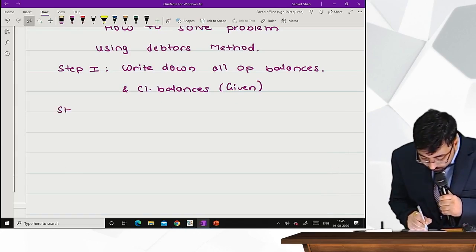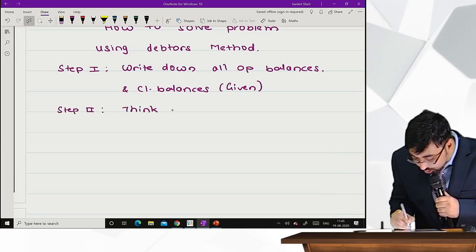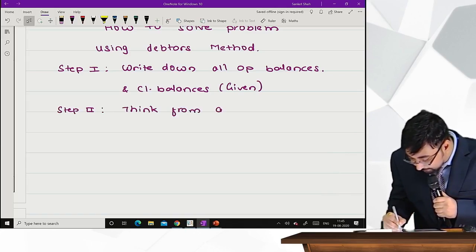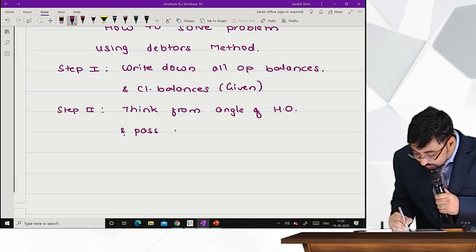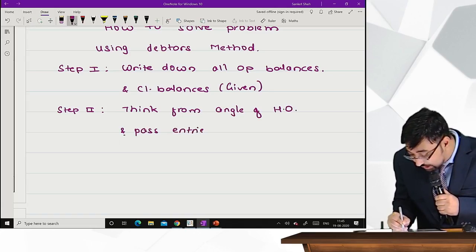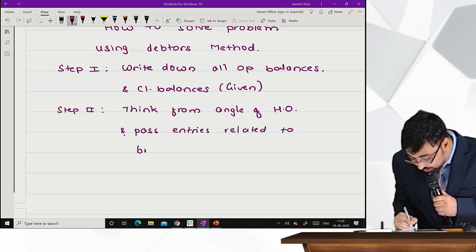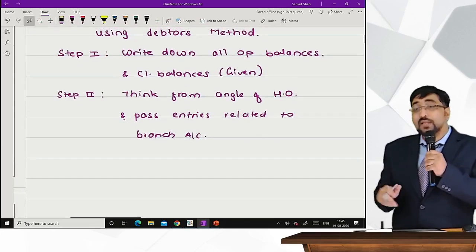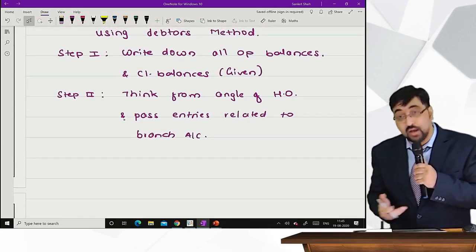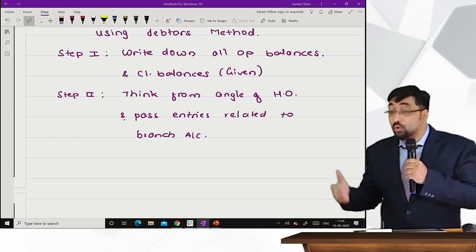Step number 2: think from the angle of HO and pass entries related to branch, like expenses of HO, expenses of branch paid by HO, petty cash remitted to branch, goods sent to branch.